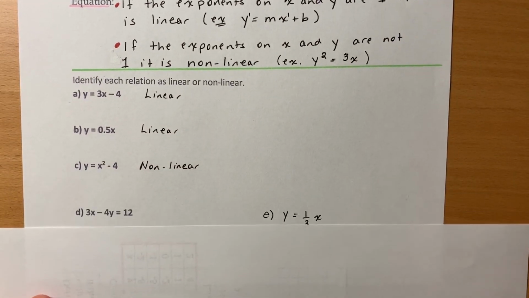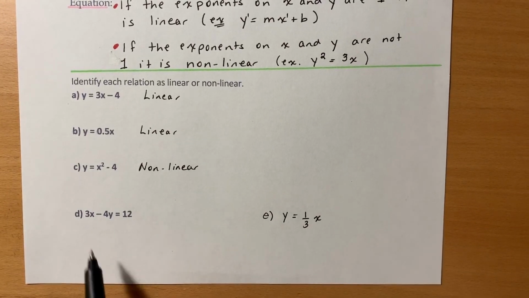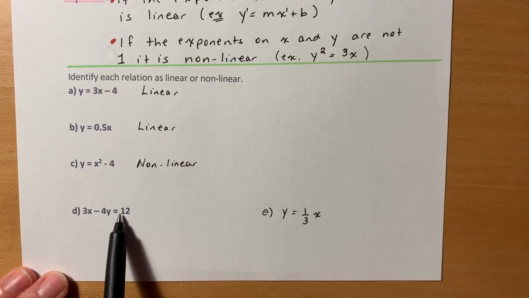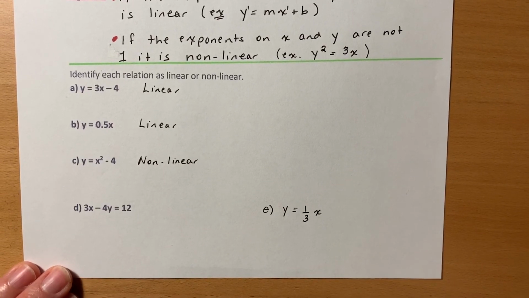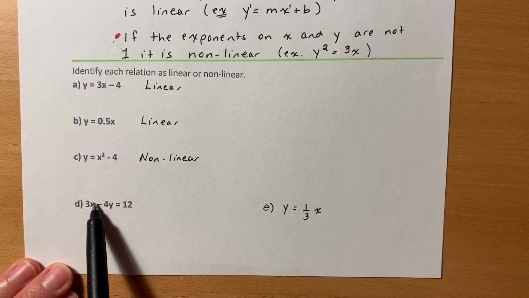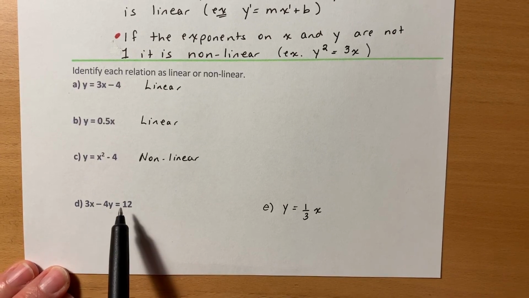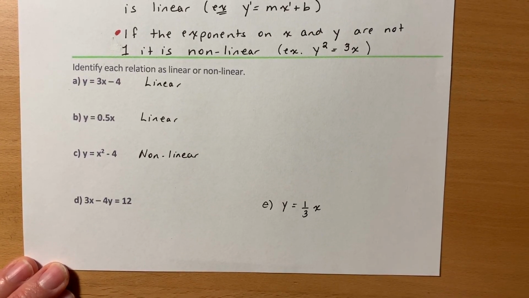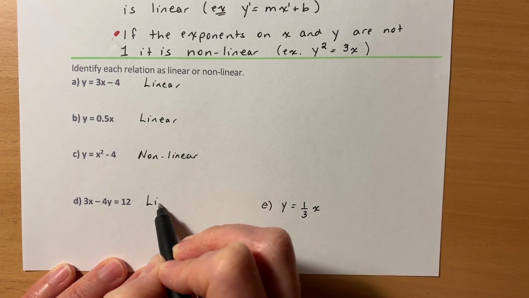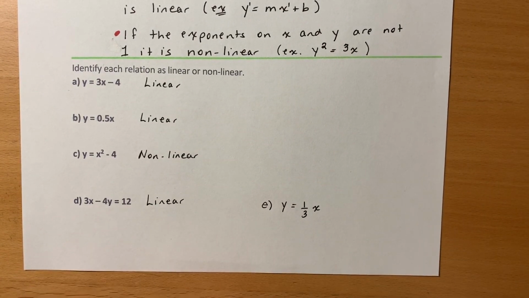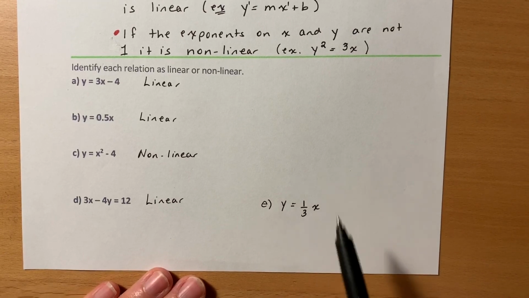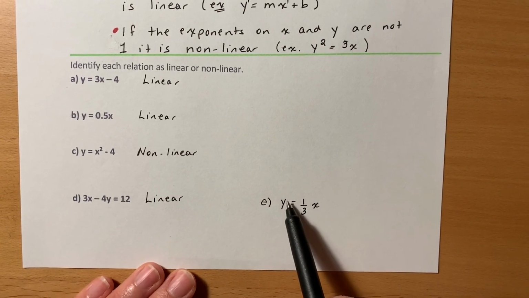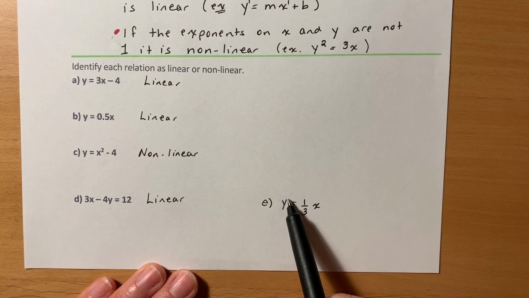Okay, let's look at these last two. 3x minus 4y equals 12. Again, look at the exponents on x and y. That x has a 1, this y has a 1, so this is linear. Okay, let's look at this one. y equals 1 over 3x. Again, the exponent on the y is a 1.